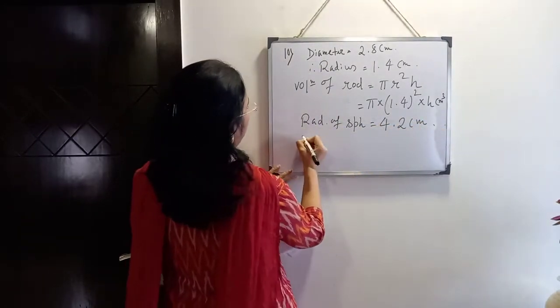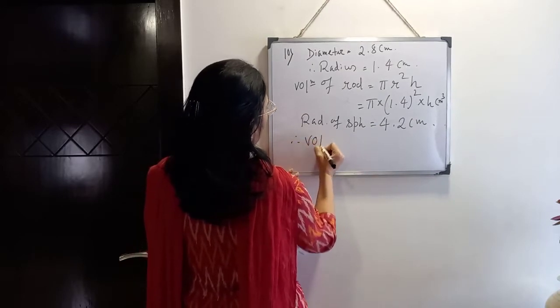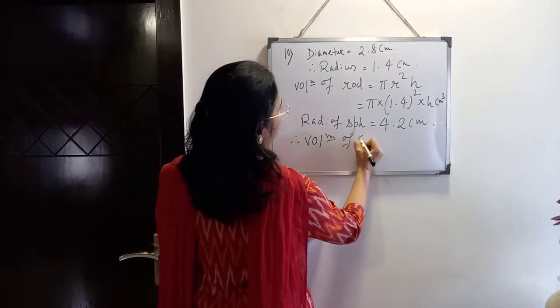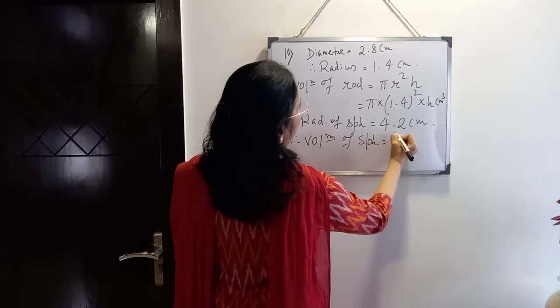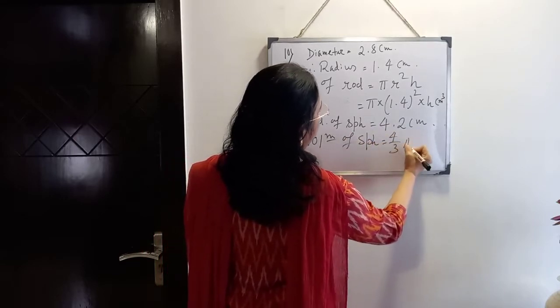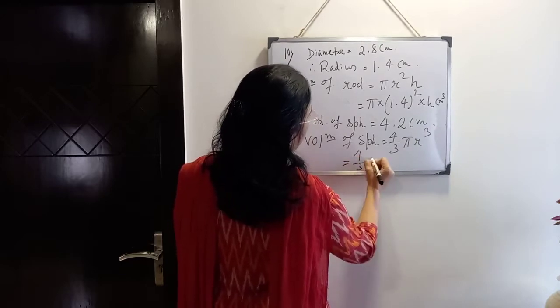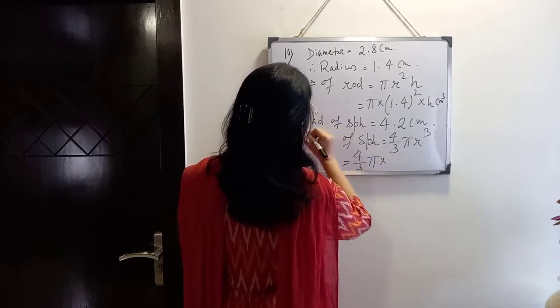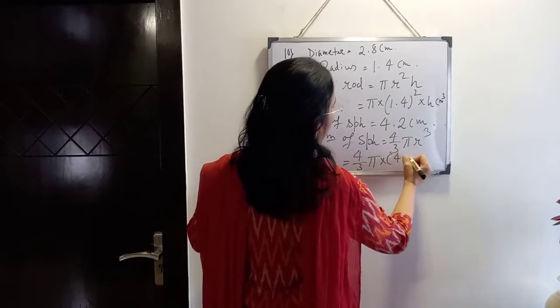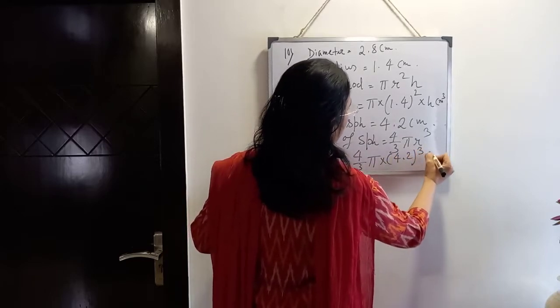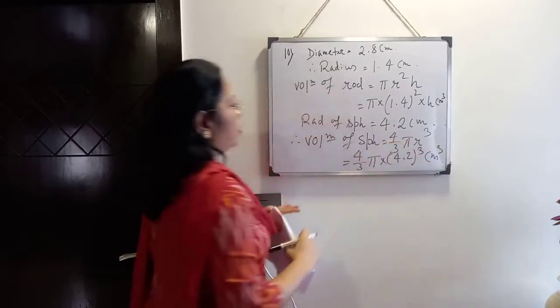And radius is given. Therefore, the volume of sphere formula is 4 by 3 pi r cube. R means radius already given, 4.2 whole cube centimeter cube.